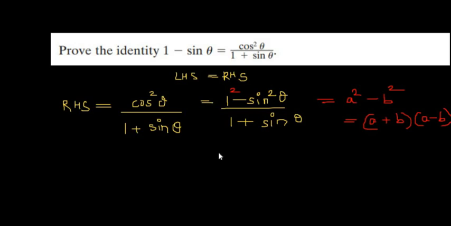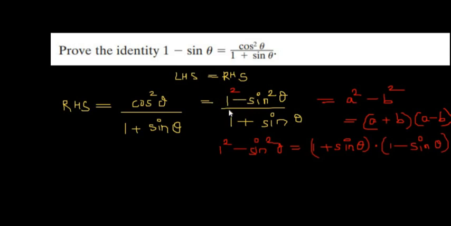So here if it is 1 square minus sine square theta, we can always use the algebraic identity and write it as 1 plus sine theta times 1 minus sine theta.